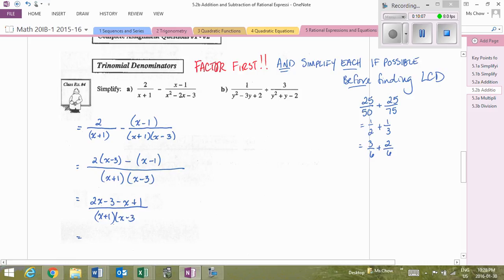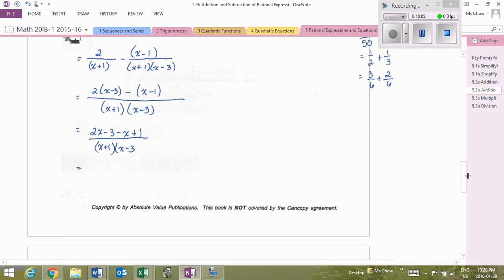And simplifying that then, we're looking at x minus 2 over x plus 1 and x minus 3, and nothing can be simplified there, so we'll just write out our restrictions. Our restrictions are based on the denominator only, so x cannot equal 3 or negative 1.